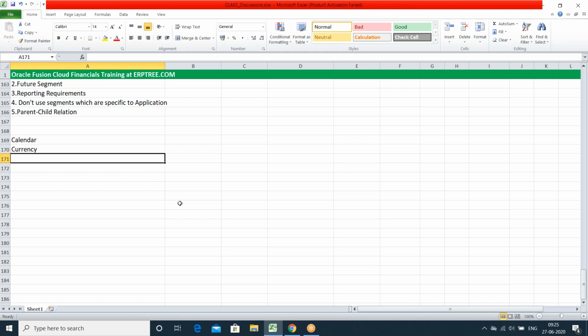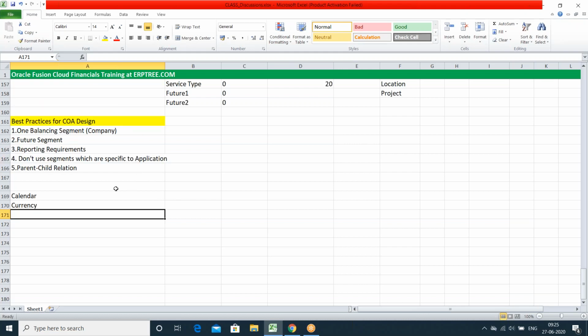And to capture the details of each and every transaction, which is required for reporting, we have the chart of accounts concept. So calendar, currency, chart of accounts. If you notice, everything is starting with the C. For chart of accounts, the short name is COA.